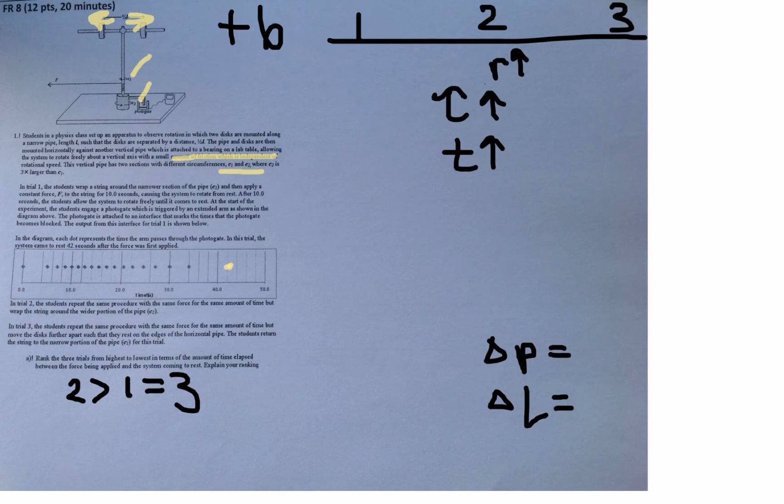Our impulse, or angular impulse, can also be described as F delta T. So the angular version is torque delta T, which means the more torque over more time, it's going to gain more angular momentum.